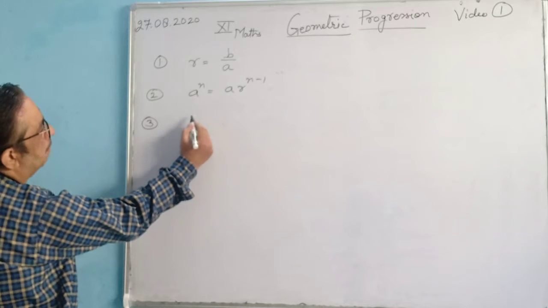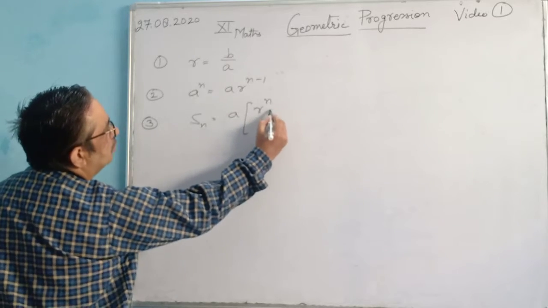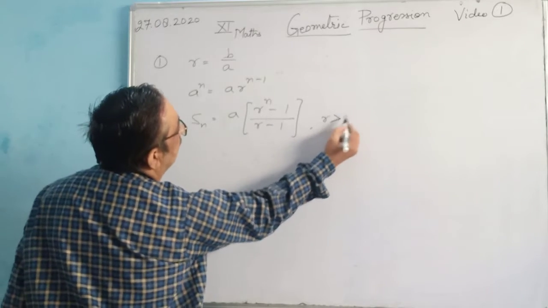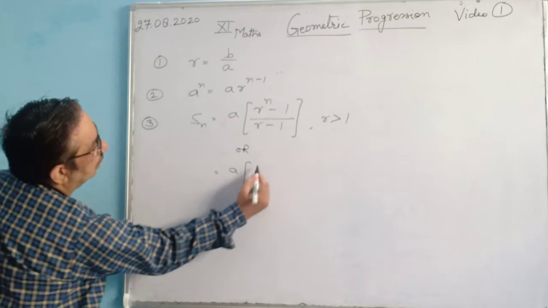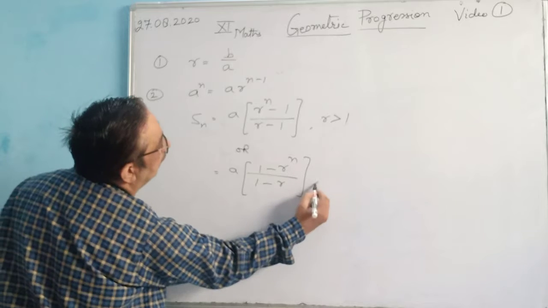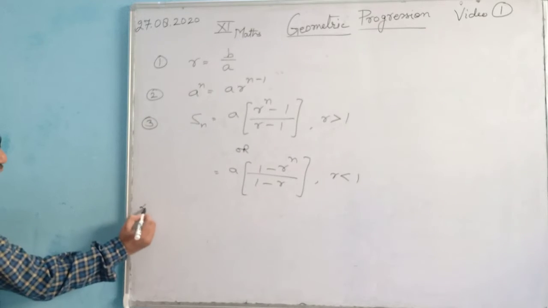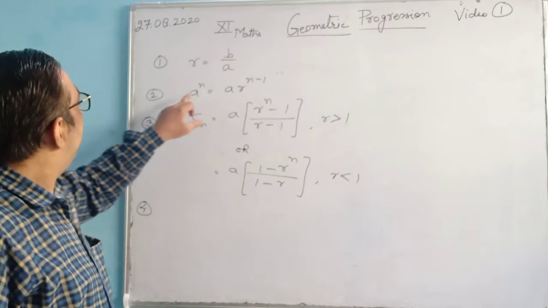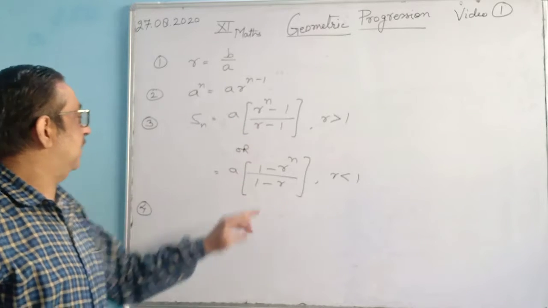Third is Sn: a(r^n minus 1) upon r minus 1, when r is greater than 1, or a(1 minus r^n) upon 1 minus r, when r is less than 1. Fourth formula, in this case, is the formula for Sn.